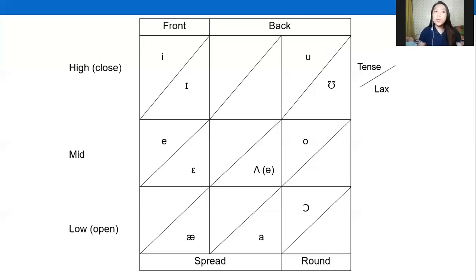Okay, so those are our different vowel sounds, which can be described again either according to tongue height, frontness, lip roundedness, and tenseness.